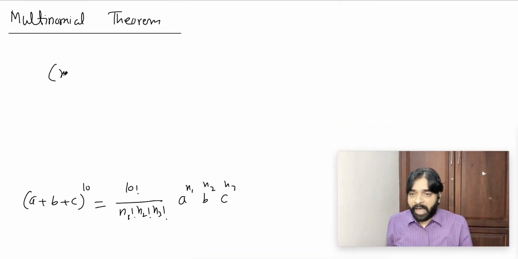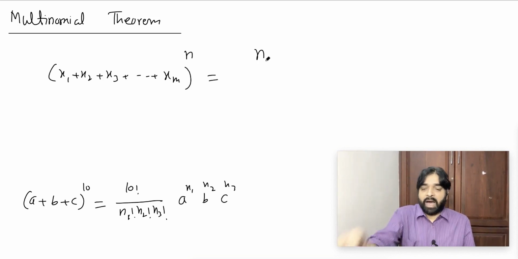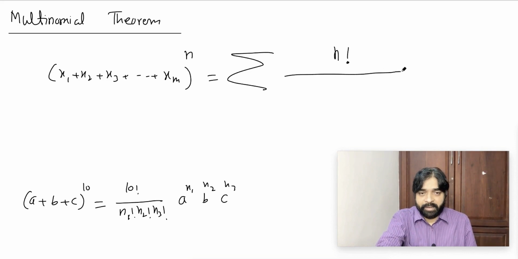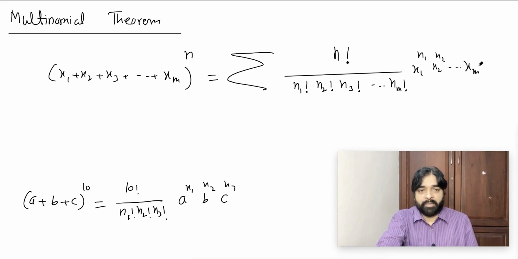Watch it carefully. x1 plus x2 plus x3 and so on till xm, power n, is always equal to sigma of n factorial divided by n1 factorial, n2 factorial, n3 factorial, and so on nm factorial, into x1 power n1, x2 power n2, and so on xm power nm.